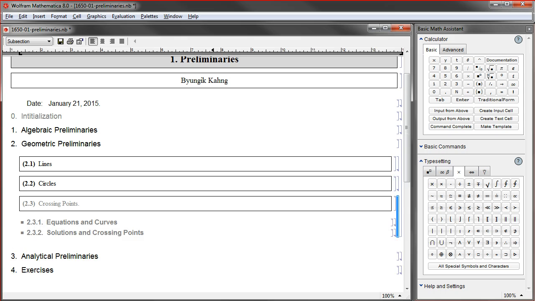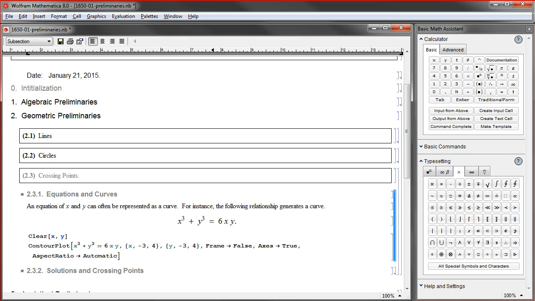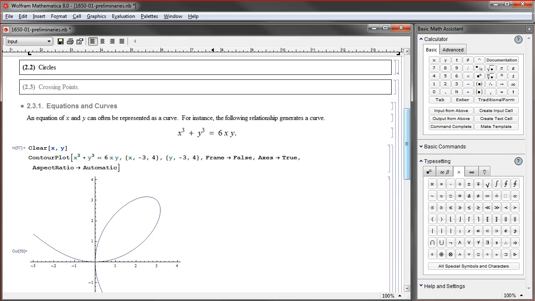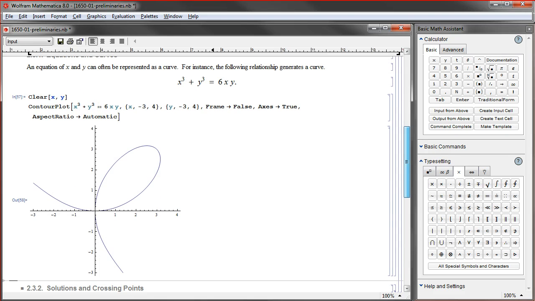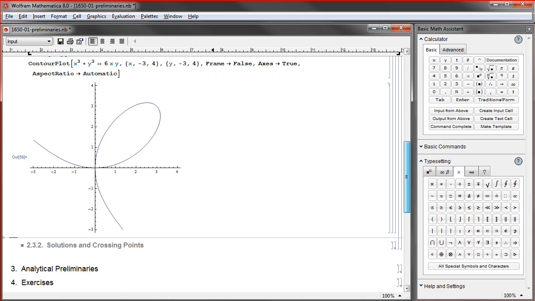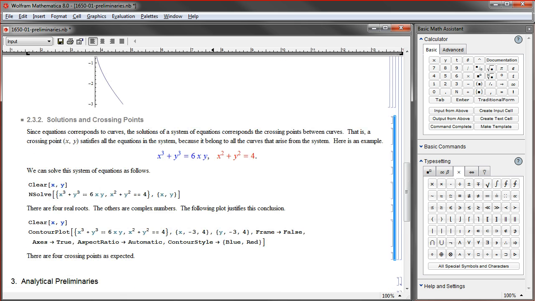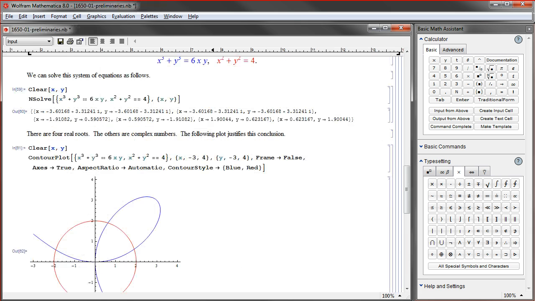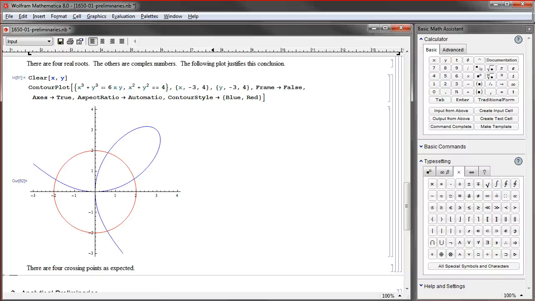And in general, for a more complicated case, we can have a relationship between x and y, which may turn out like a curve, kind of like this, kind of wild curve. And then if you have more than one curve, then the crossing points represent a system of algebraic equations.